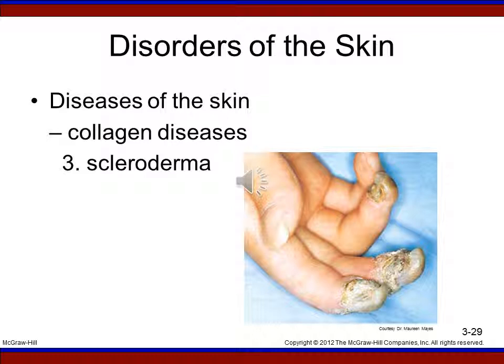If you thought women, you're right. And what organs does scleroderma attack? Heart, lungs, kidney, and organs of the digestive tract as well as joints. Scleroderma is also associated with breast cancer. Take a look at figure 3.16 to see scleroderma.